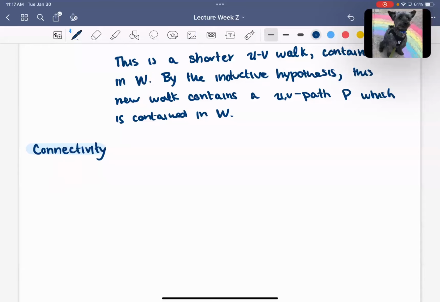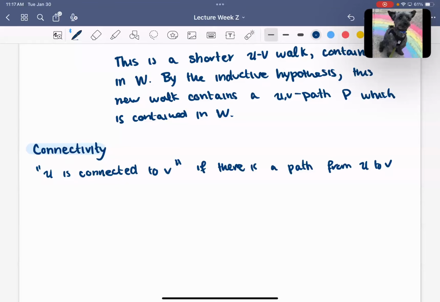So we'll say a vertex U is connected to V if there's a path from U to V. Why do I say that this could be confusing?